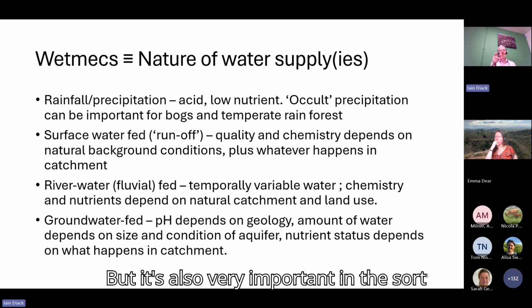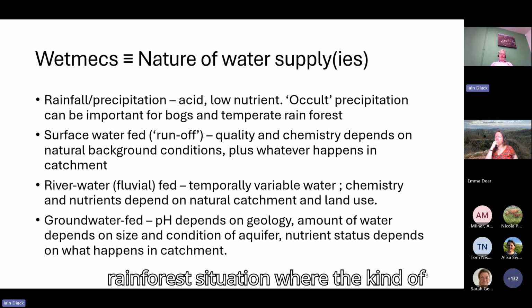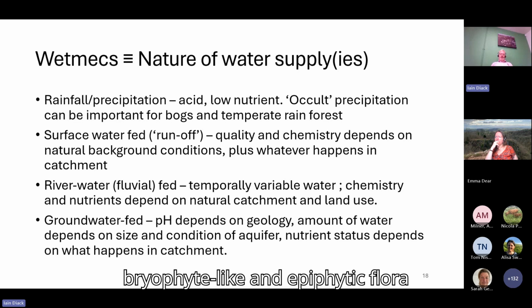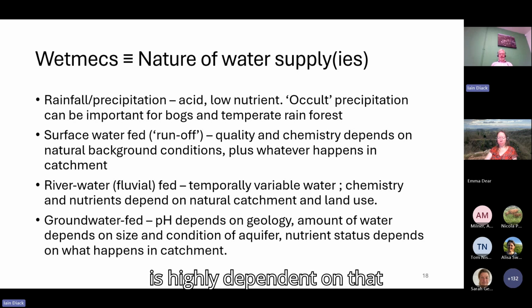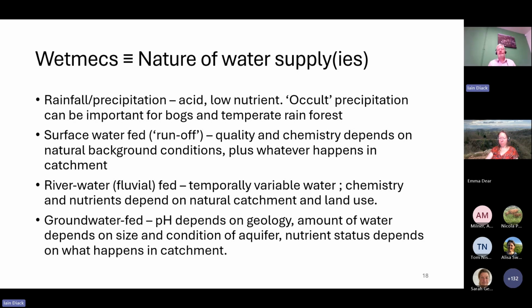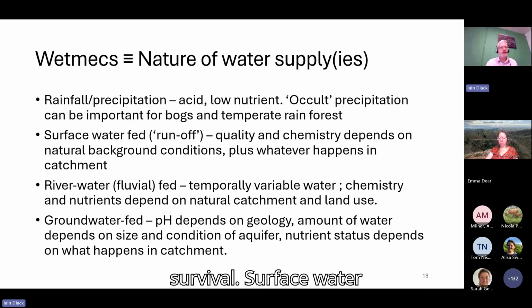But it's also very important in the west coast temperate rainforest situation, where the bryophyte lichen epiphytic flora is highly dependent on that constant humidity provided by occult precipitation for its survival.